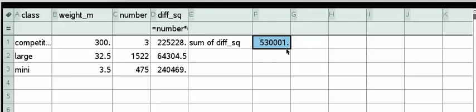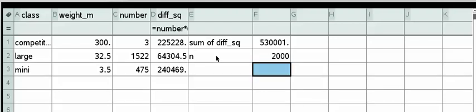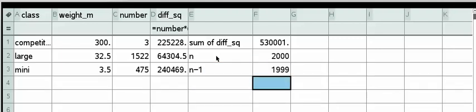Now, since this is a sample, we don't want n. We know n is 2,000. Because it's a sample, we want n minus 1. And n minus 1 is 1,999.